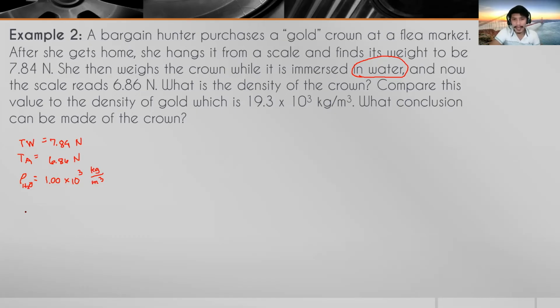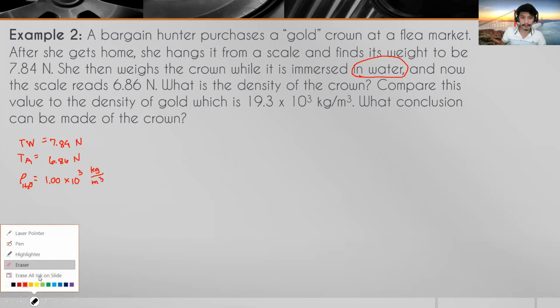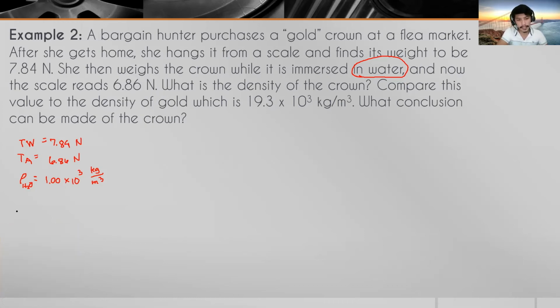Now, what are we looking for here? We are looking for the density of the crown, the density of the object. Take note, the density of the object. Now, we want to compare that to the density of gold, because we want to know if it is gold.